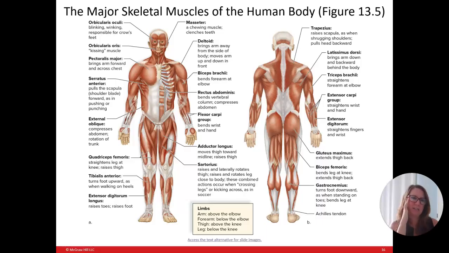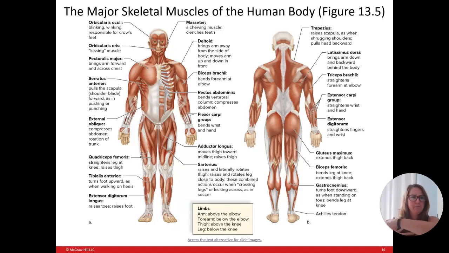So you might have had a really tight masseter muscle from clenching your jaws. Deltoids, these are essentially on your upper arms, forming part of that shoulder. And you go on down. Pecs, so your pectoralis major, essentially your upper chest. It brings your arm forward and across your chest.